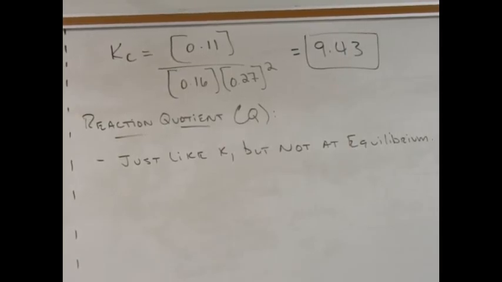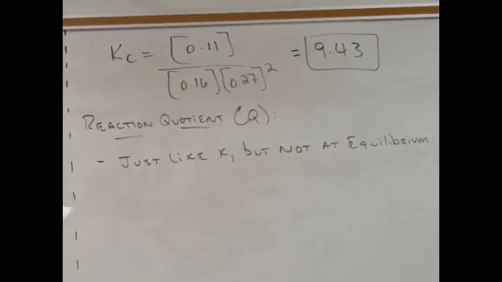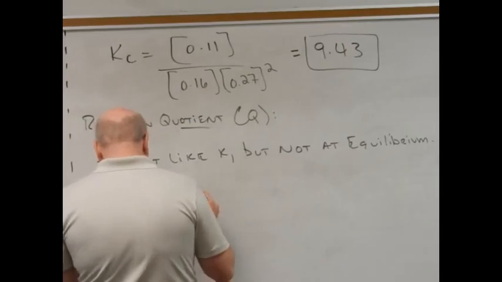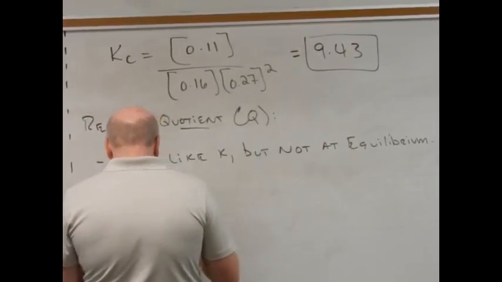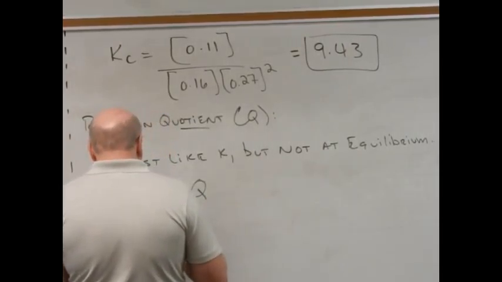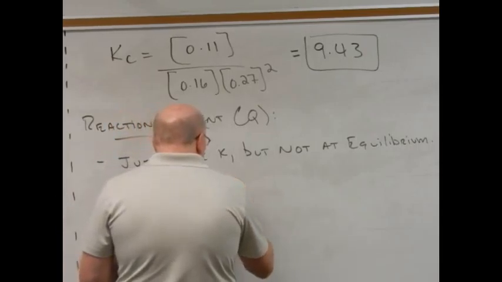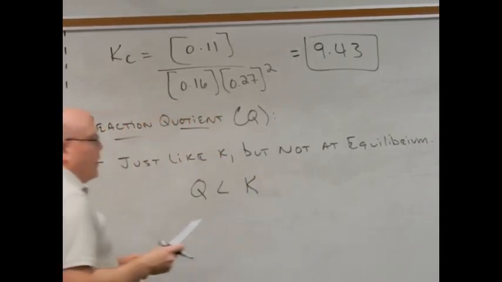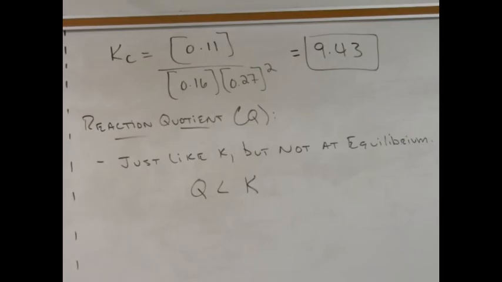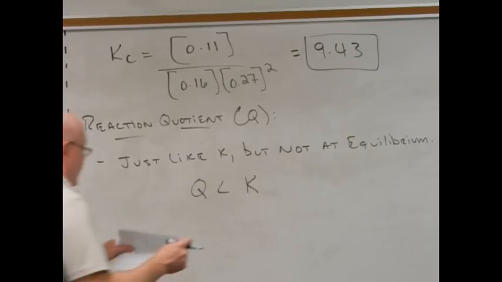When we look at this, just a quick comparison, if Q is less than the equilibrium constant K, Q is smaller than K, then the reaction still has to proceed forward.